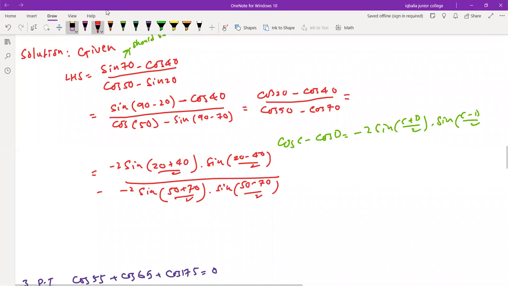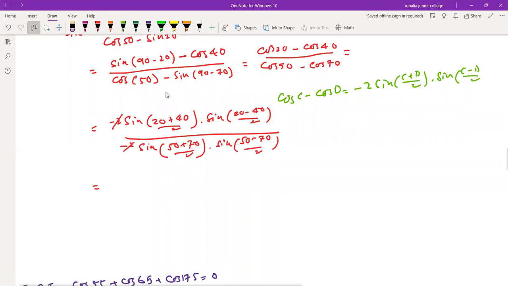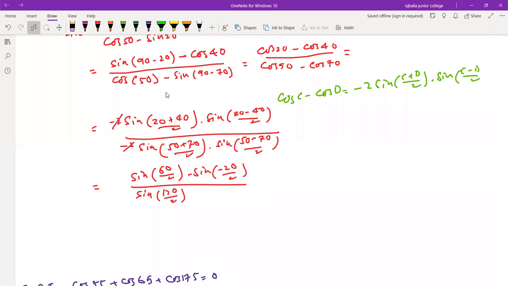Just see here, these minus 2 will get cancelled, so we will have sin 60 by 2 into sin minus 20 by 2 and sin 120 by 2 into sin minus 20 by 2.